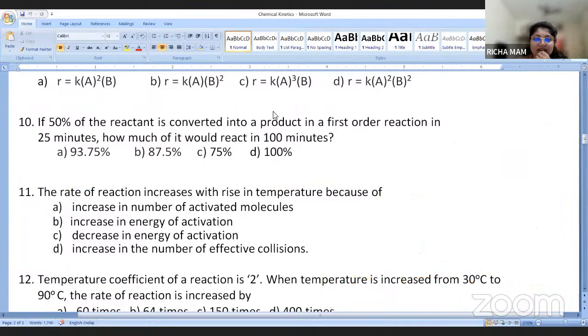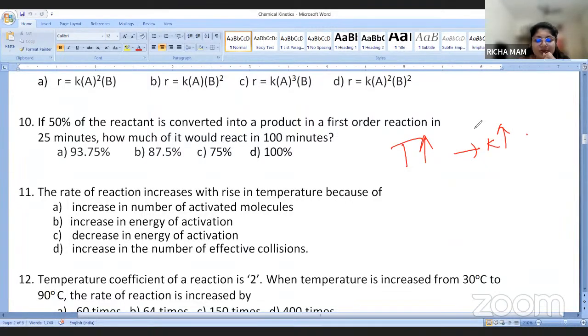What is the factor because of which the rate of reaction is increasing with the rise in temperature? As the temperature increases, the rate of reaction also increases. So what is the factor which is responsible for the rate of reaction to increase?